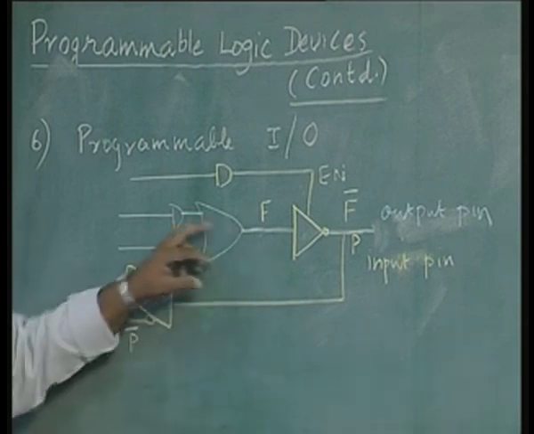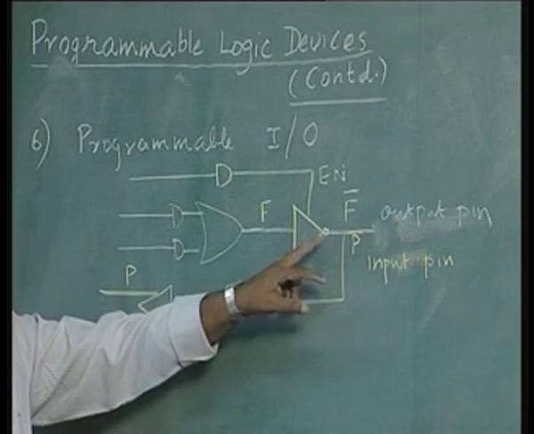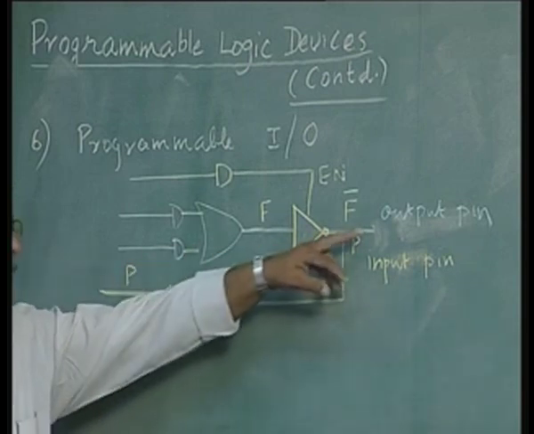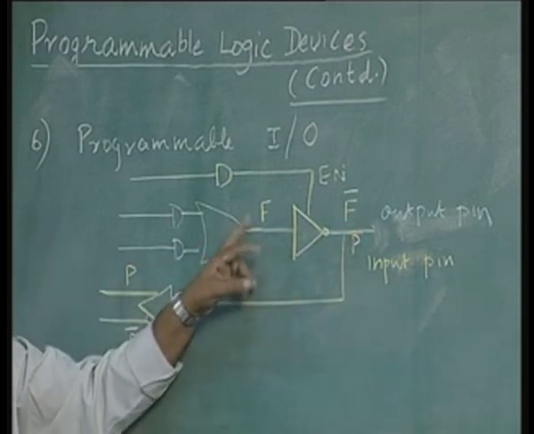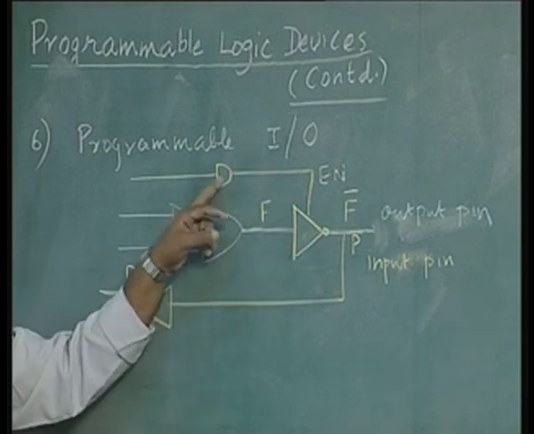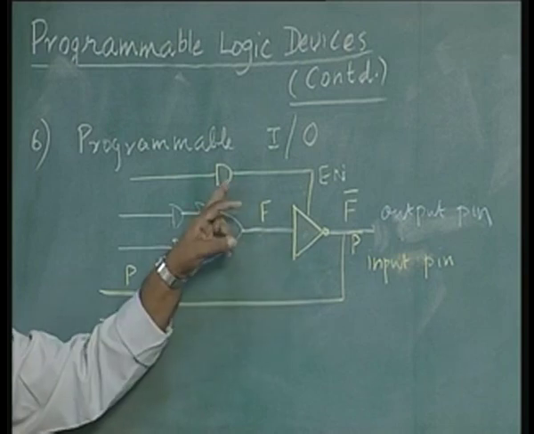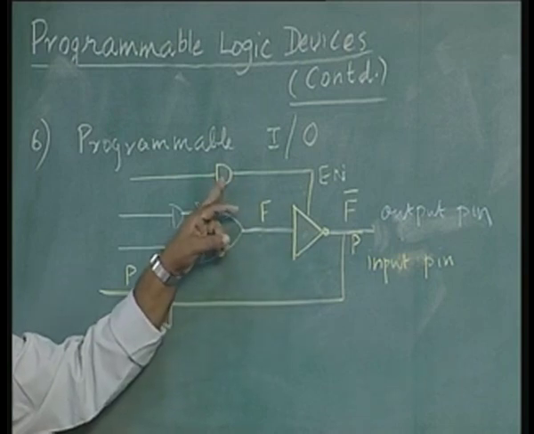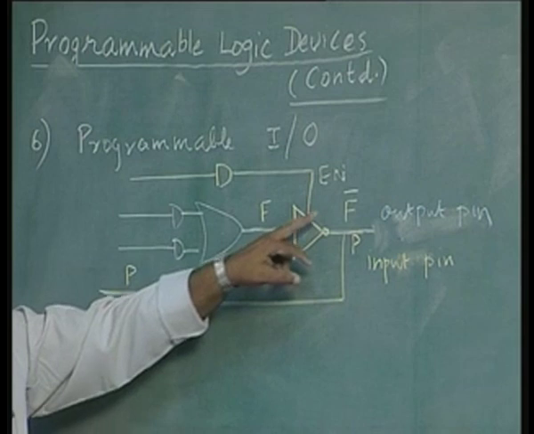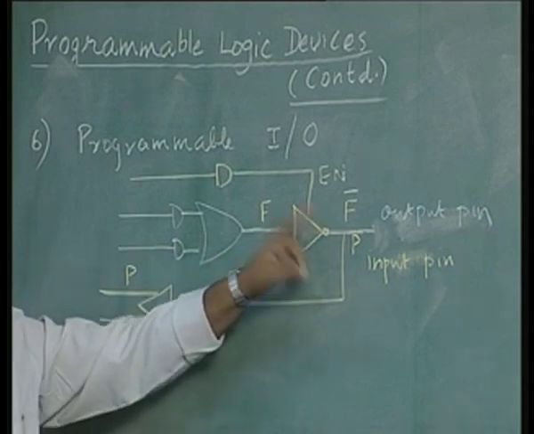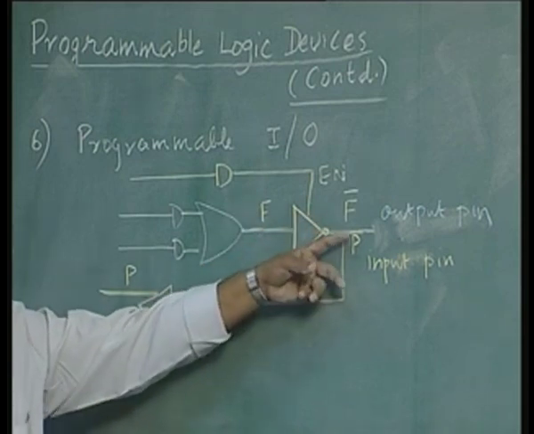So, this particular pin can be used as an output pin if there is a requirement for this type of combinational logic output. By enabling this gate, and thereby this buffer, through the proper input combination to the gate, output f or f bar, whatever is available, comes out.